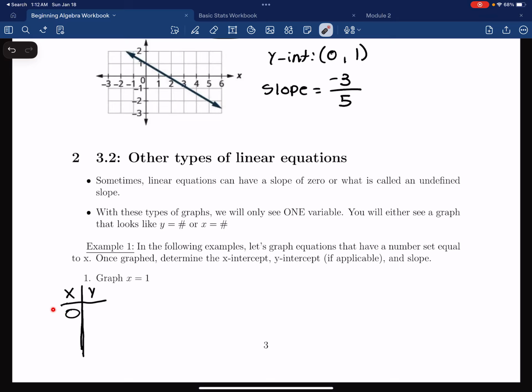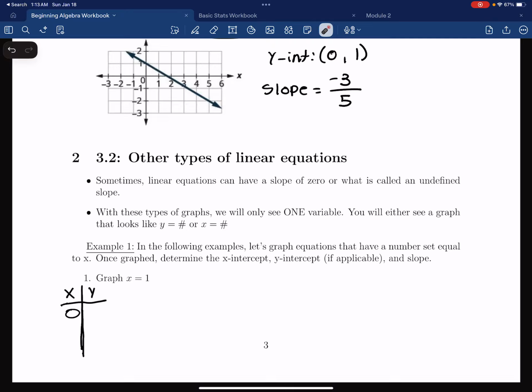If I plug in 0 for x, we get 0 equals 1. But 0 isn't equal to 1, right? So what does y equal? Recall in Unit 2, when we were learning how to solve linear equations, this is why solving linear equations is important, because it's used all the time in algebra.